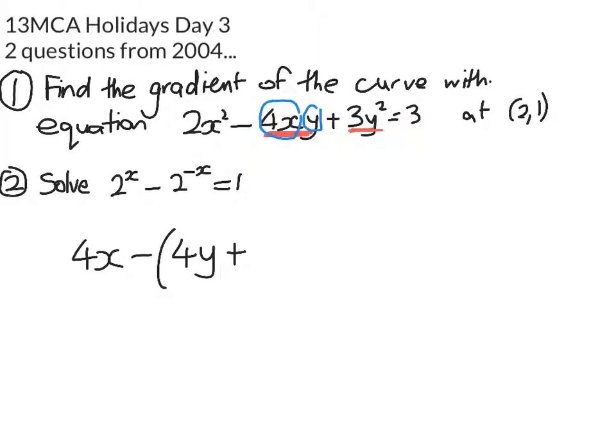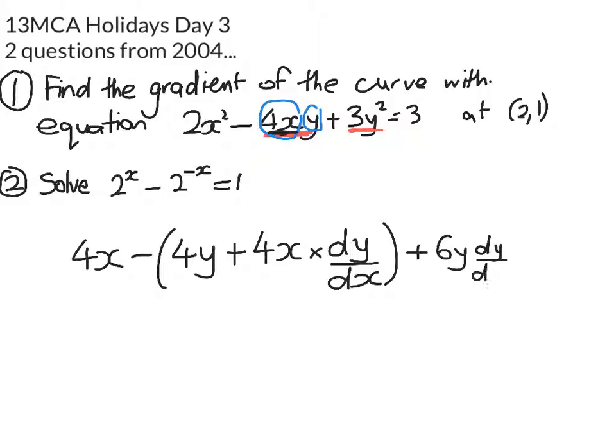We're going to leave the 4x and differentiate the y. So differentiating the y gives me 1 times dy by dx, and then moving on we get plus 6y dy by dx equals 0.